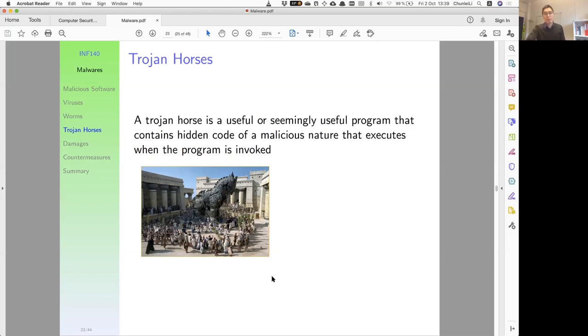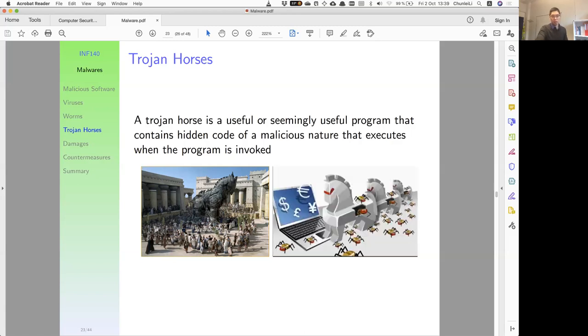A Trojan horse is a useful or semi-useful program that contains hidden code of a malicious nature that executes when the program is invoked. In general, some appear to be useful programs which hide the malicious intention inside. And I guess most of you have watched the movie Troy, and that's where the Trojan horse originated.